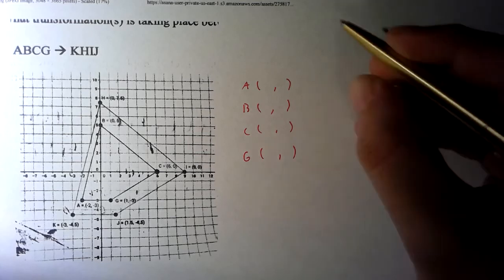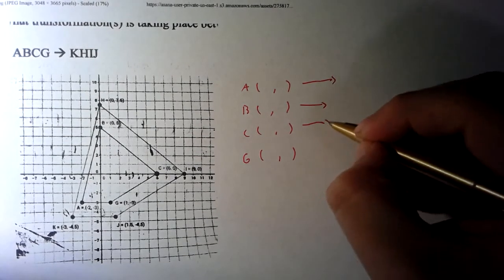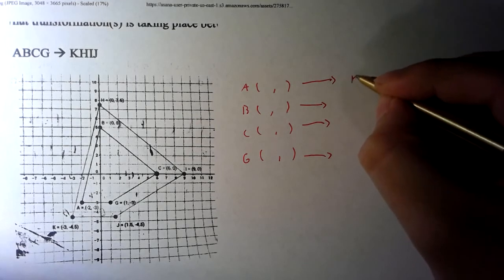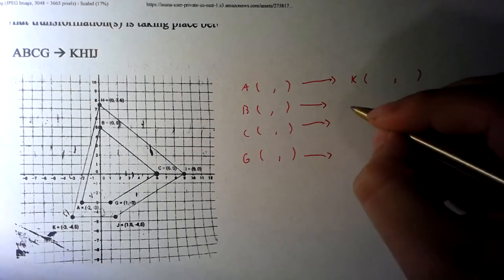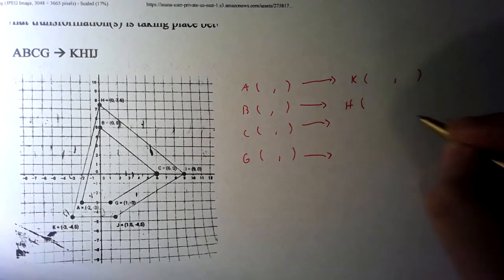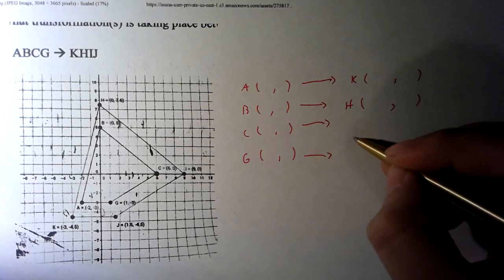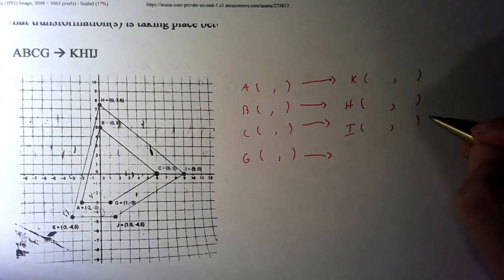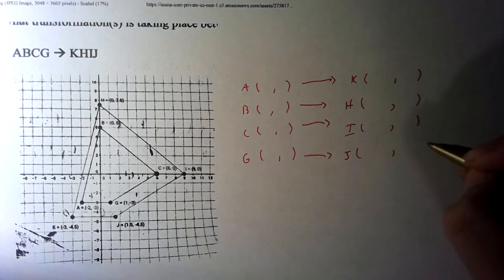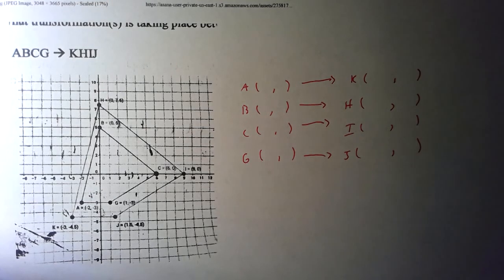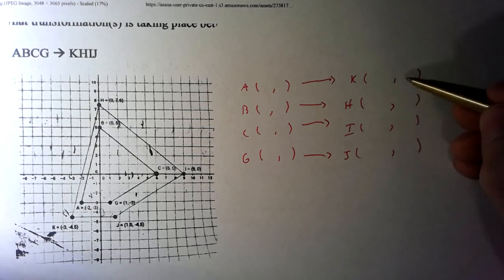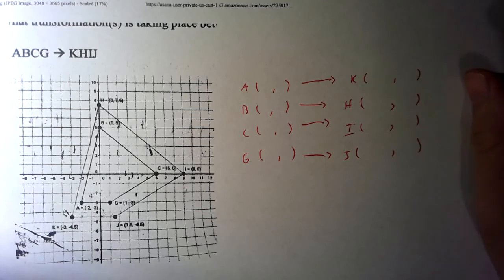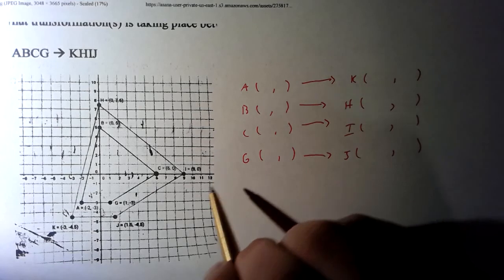I wonder why they skipped D. Alright, and then arrow, arrow, arrow, arrow, and then K on this side, and then H, I, and then J. Okay, so let's go ahead and fill in the numbers for the left side, our pre-image.